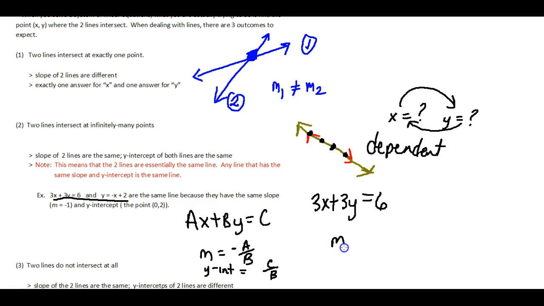So if we did that, of course, our slope is minus a, which is 3, divided by b, which is also 3, and we get a negative 1.